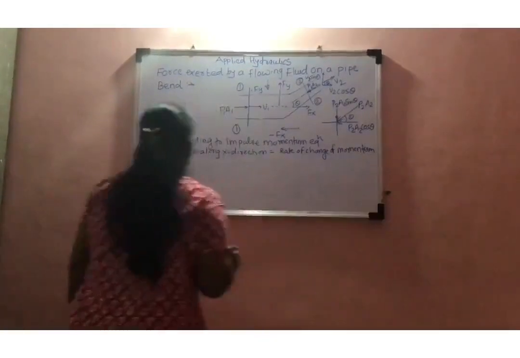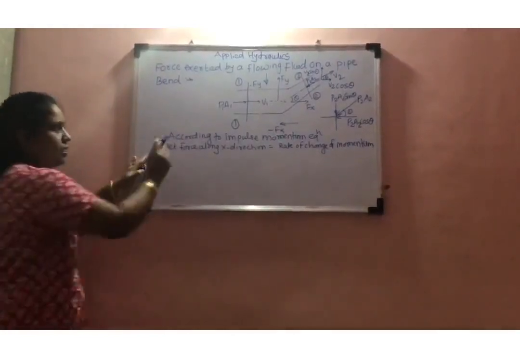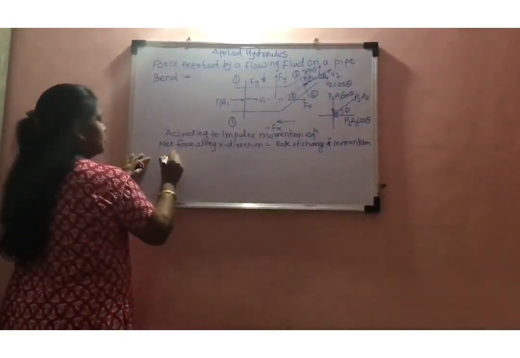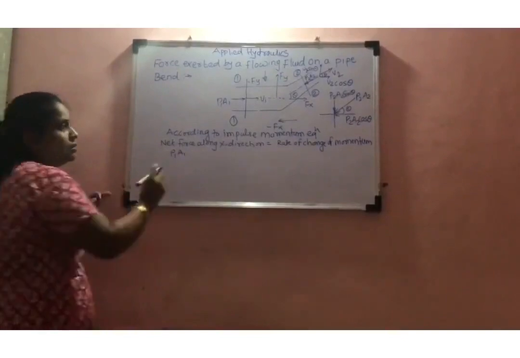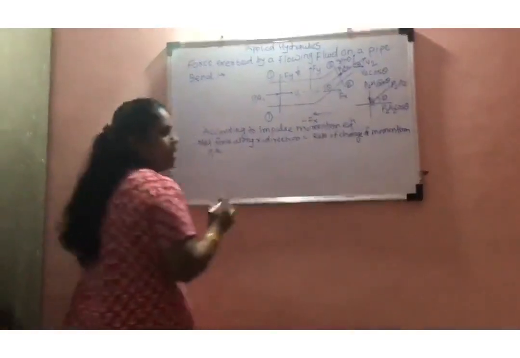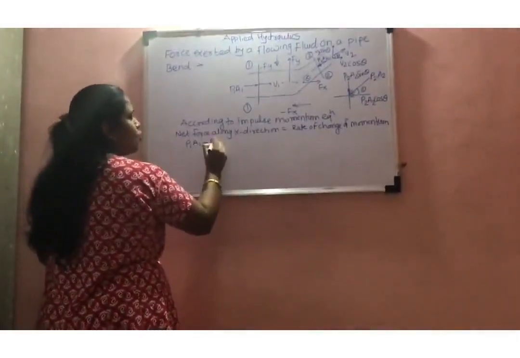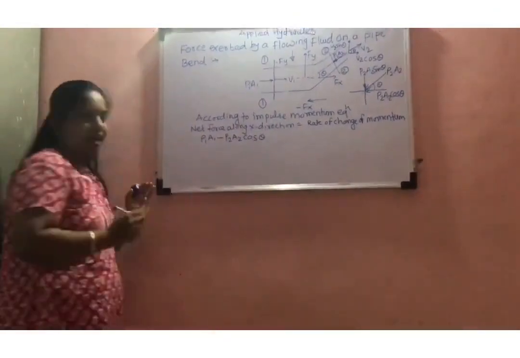So, net force along the x direction. See here, this P1 A1 is along the x direction. So, P1 A1. Then P2 A2 along the x direction, but it is negative. So, P2 A2 cos theta.